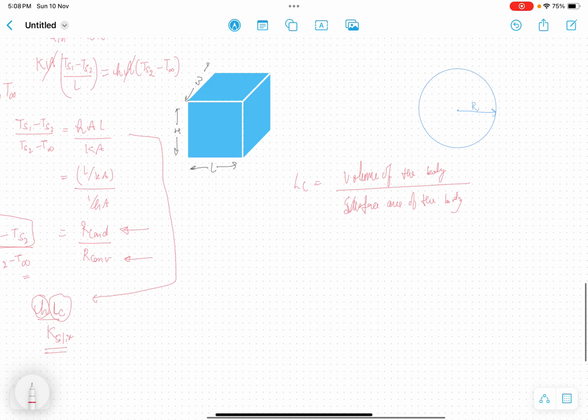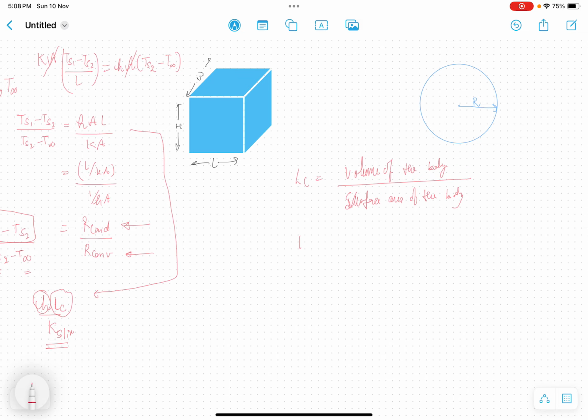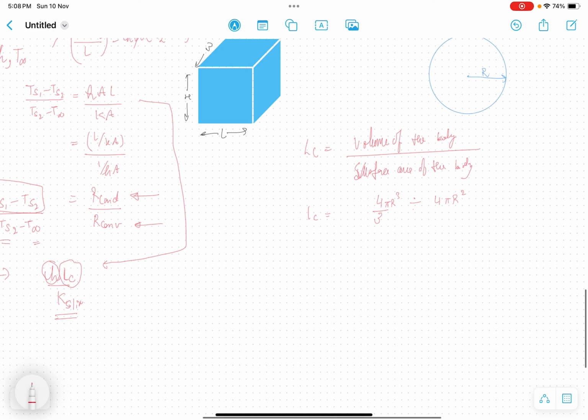All right. So we can derive it, for a sphere, let's say. The volume of the sphere is nothing but 4 by 3 pi r cube divided by the surface area of the sphere, which is 4 pi r square. So it will come out to be r by 3. That is the characteristic length of the sphere.